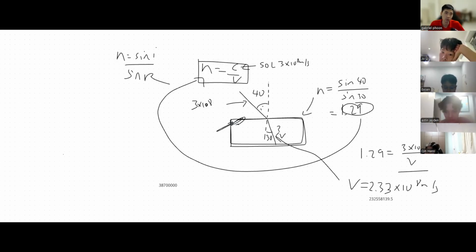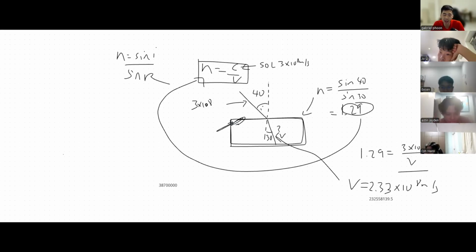And this is how I use these two formulas. Anyone want to ask me something? Aston, how come you always press wrong on your calculator? Are you using your brackets or not? What's N? Refractive index.